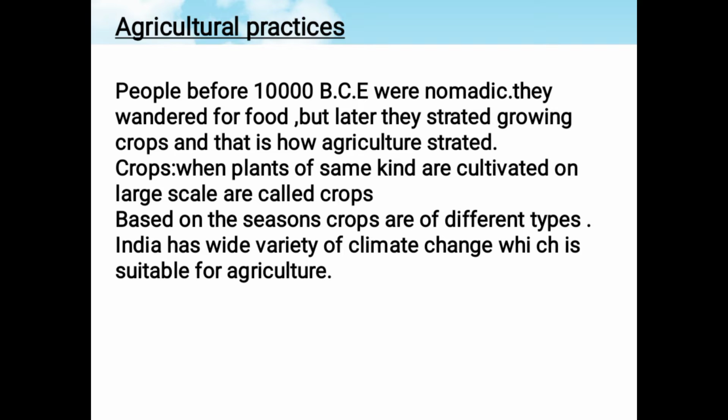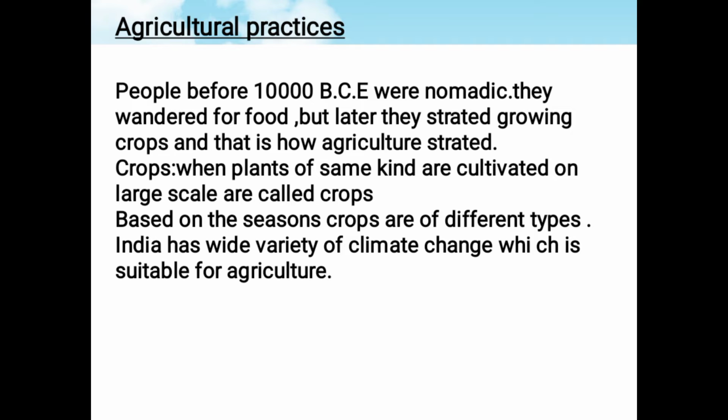Based on the season, that is rainy, winter, summer, there are different types of crops. India has a wide variety of climate, which is very suitable for agriculture, so we depend upon the climate.